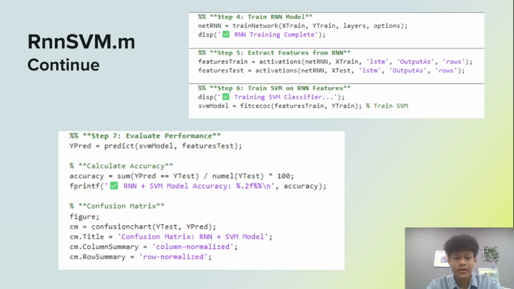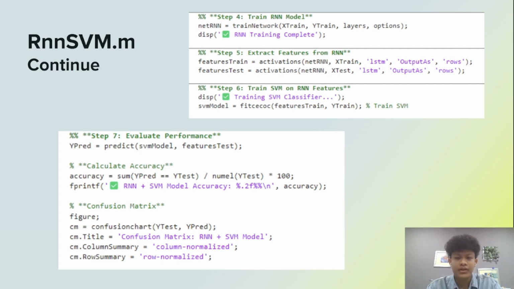First, we train the SVM classifier using the features extracted from the RNN. We display a message to indicate that training has started. An example of the code for this is disp, training SVM classifier. Next, we use the fitcecoc function to train the SVM model.